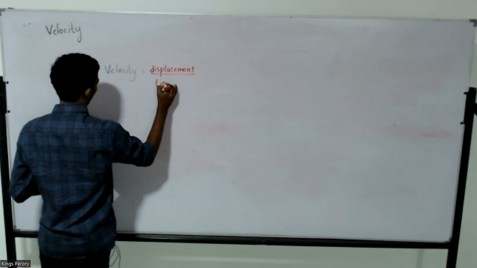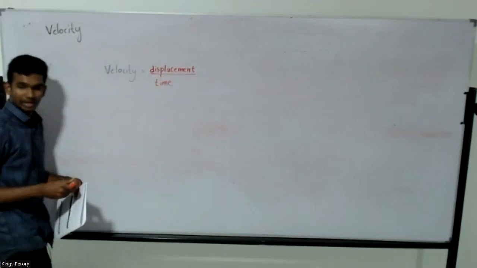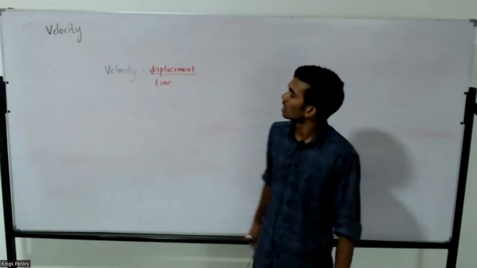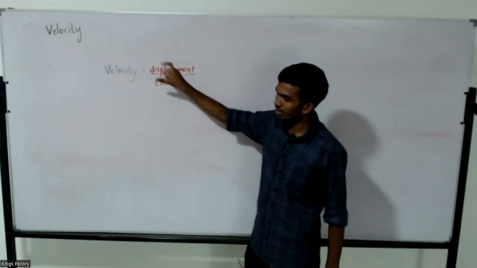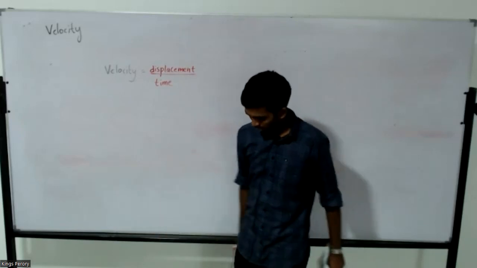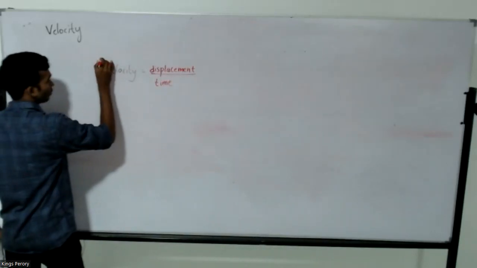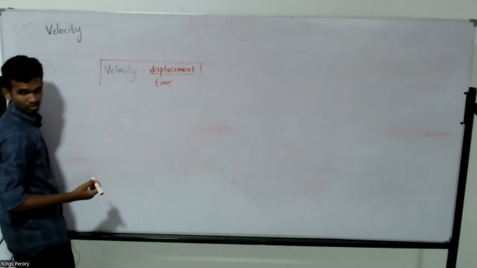So you can see it's almost like speed. What is the only difference? Instead of distance, we write displacement. So displacement divided by time is velocity. Then children, it is almost similar to speed, right? What's the only difference? Displacement.